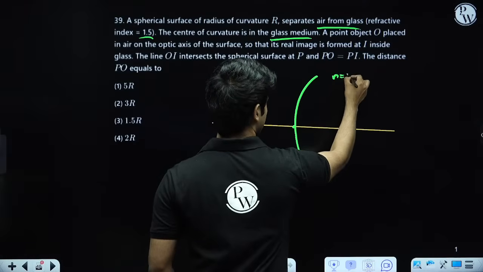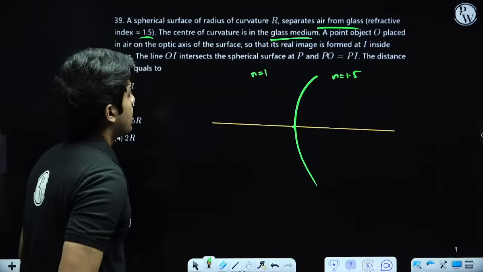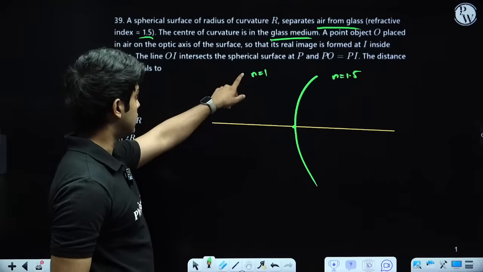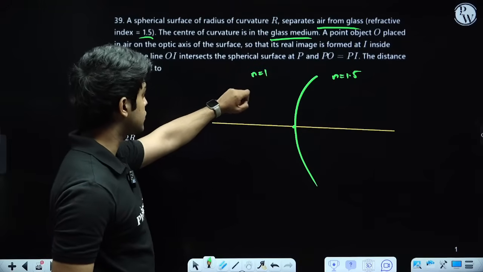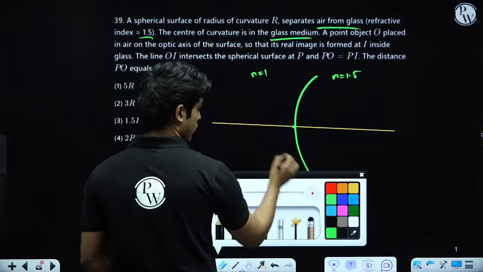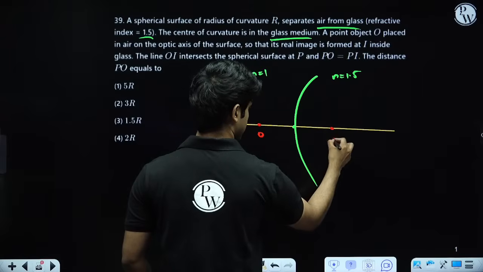So n equals 1.5 here, n equals 1 here. Point object is placed in air on the optical axis, so that its real image is formed at I inside the glass. So the object is somewhere over here, the image is formed inside the glass.